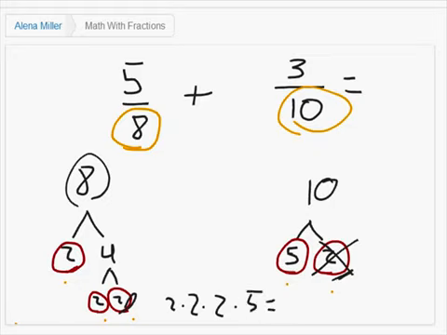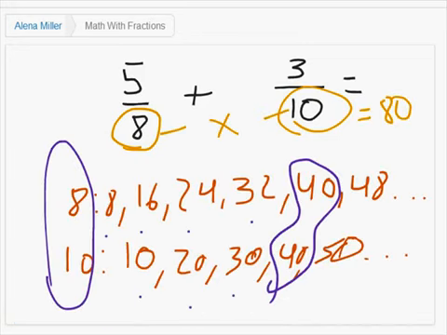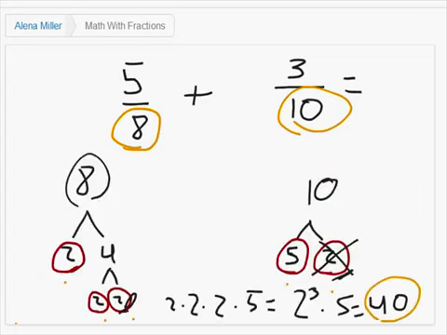You could also write it 2 to the 3rd times 5 equals 40. You can see from the other page that we got 40 as our answer also. So it works either way.